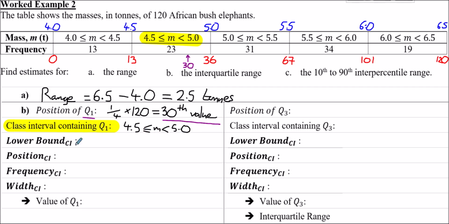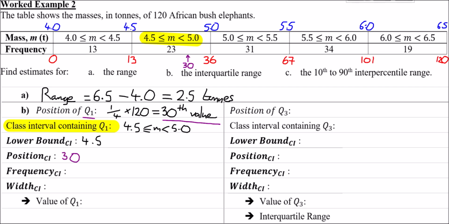The lower bound of this class interval is at 4.5. Now, what position is Q1 in this interval? Well, this one is the 30th along, but the interval starts at 13.